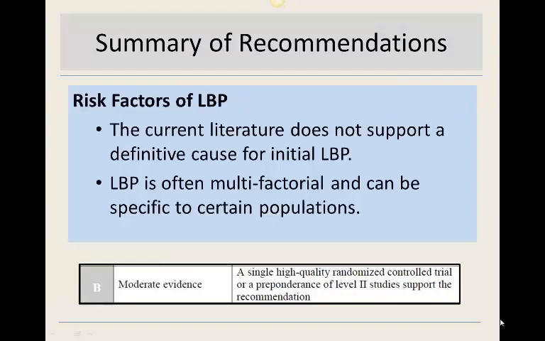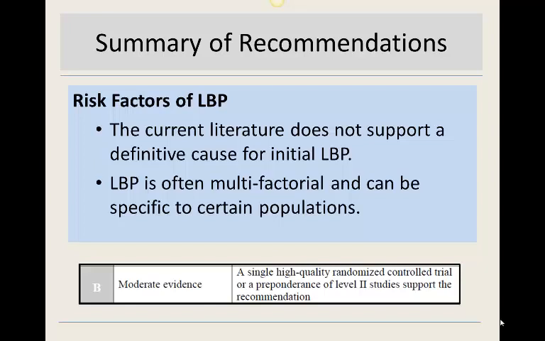Now that we've talked through the classification system that's proposed by the expert panel in the JOSPT guidelines for low back pain, I want to go through a summary of recommendations on other areas that are important in the management of low back pain. The first area is risk factors of low back pain.